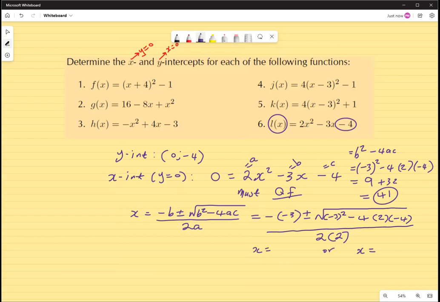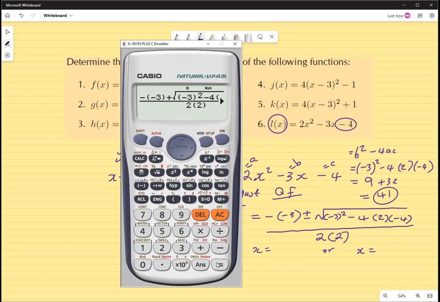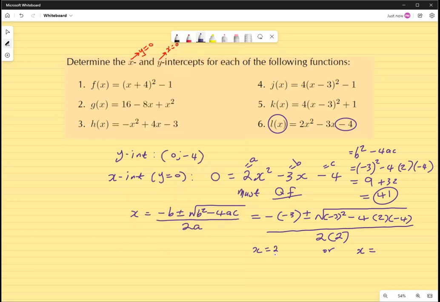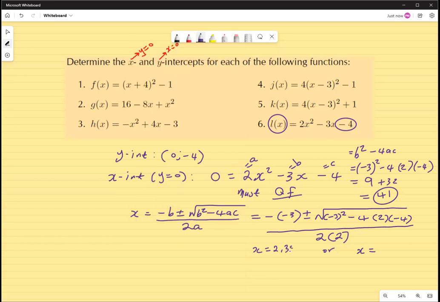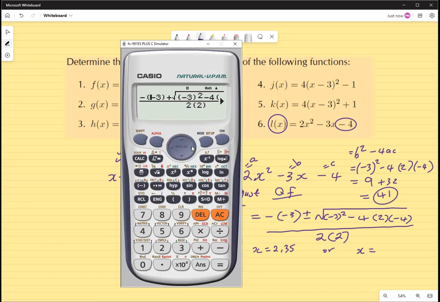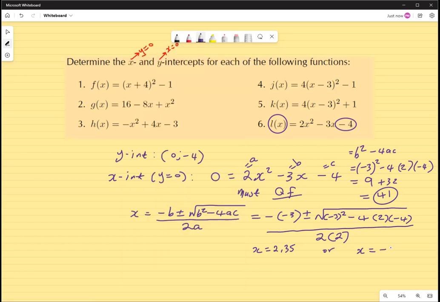Right, let's see what the first answer is going to be. Okay, you see it's irrational, so it's going to be 2, always two decimals, point 35. Then let's check when it's a minus. It's going to be negative 0.85.